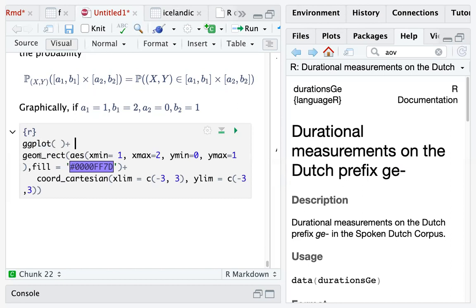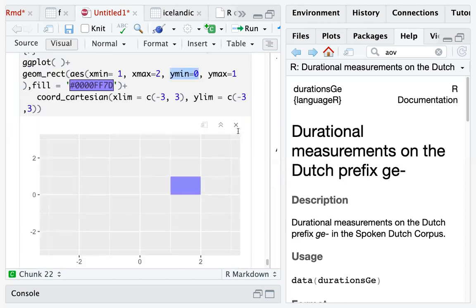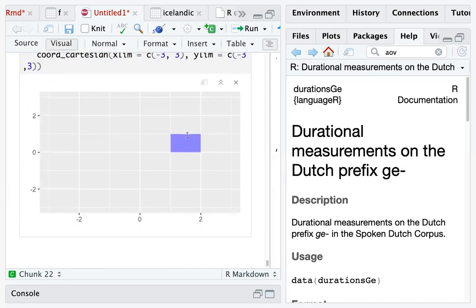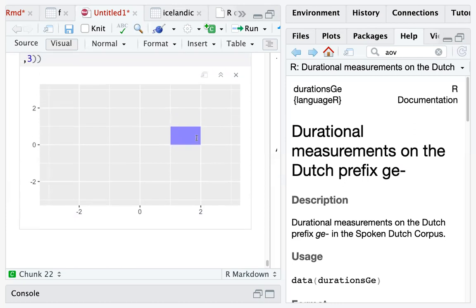So geom rectangle creates a rectangle whose corners are x min, y min, and x max, y max. And so knowing the probability distribution means we know, for instance, the probability that this vector (x, y) falls into this blue region. So this is as simple as that.